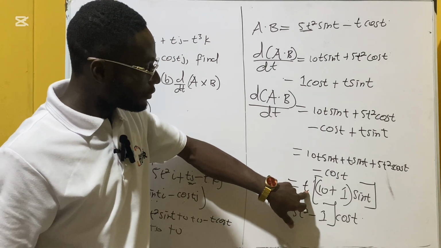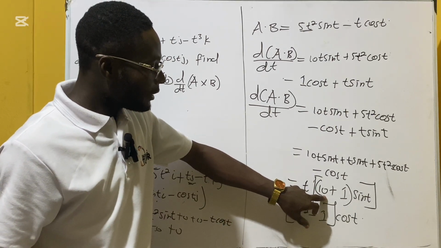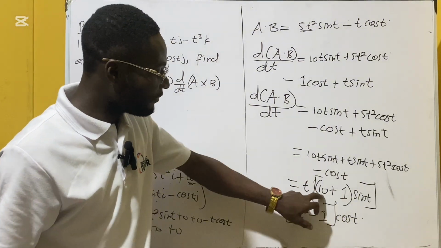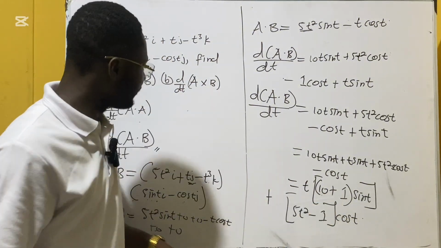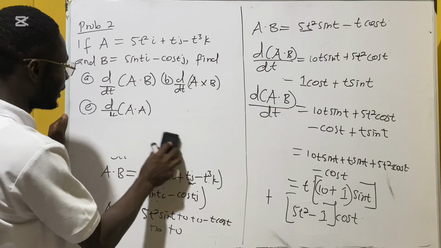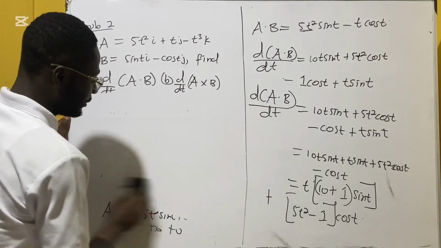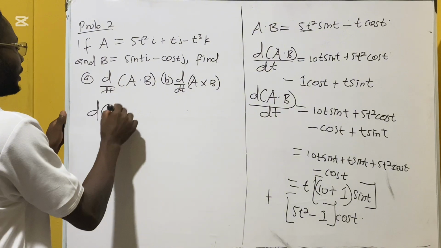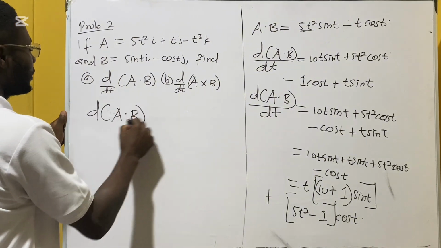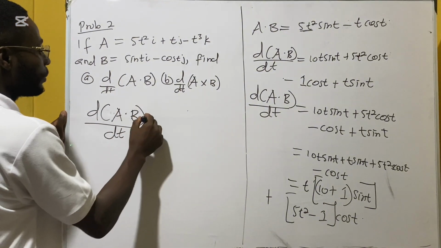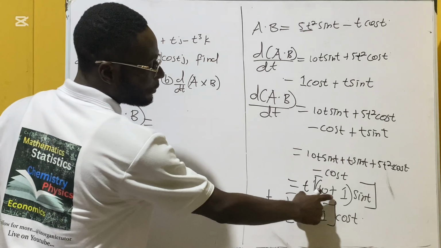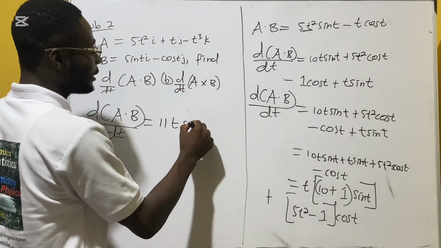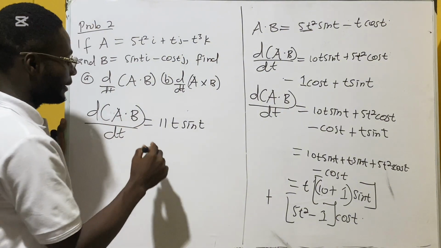We have t out, into 10 plus 1, right? So even this is going to add up, making 11, right? So we're going to have the differential of a dot b with respect to t equal to 10 plus 1, that is 11, t sine t, right?